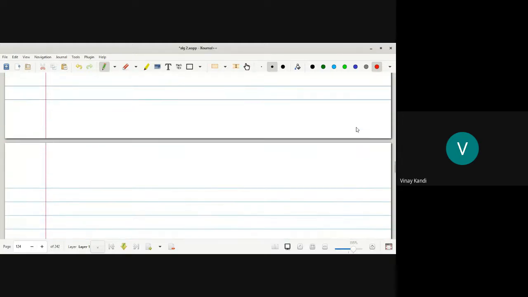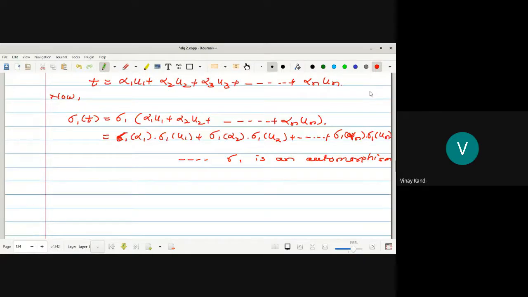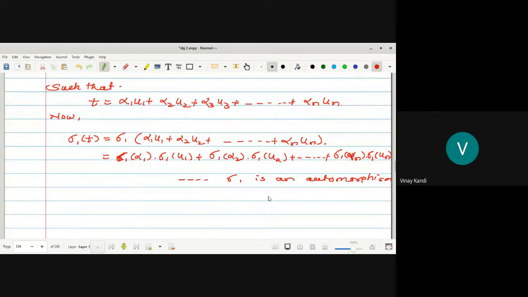Sigma 1, sigma 2, sigma 3 up to sigma n are elements of G(K/F). Alpha 1, alpha 2, alpha 3 are members of F.